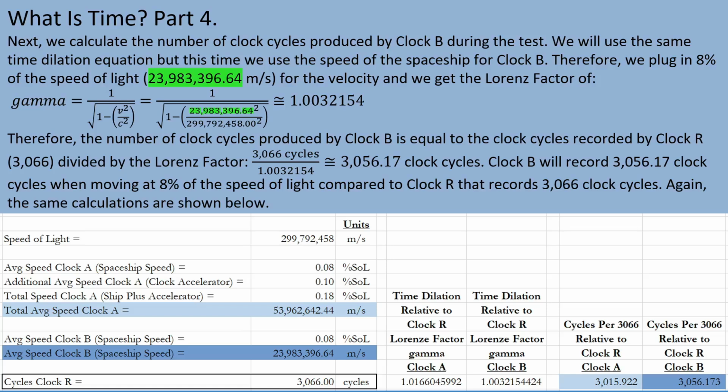Therefore, the number of clock cycles produced by clock B is equal to the clock cycles recorded by clock R divided by the Lorentz factor. Clock B will record 3056.17 clock cycles when moving at 8% of the speed of light, compared to clock R that records 3066 clock cycles. Again, the same calculations are shown below.